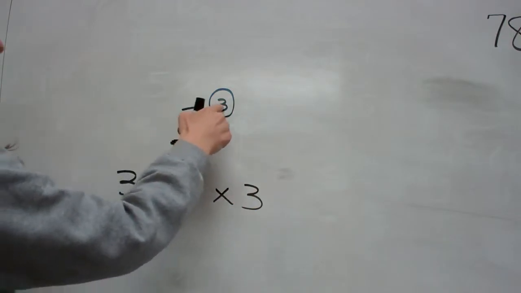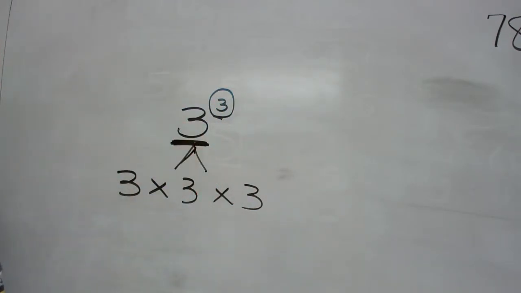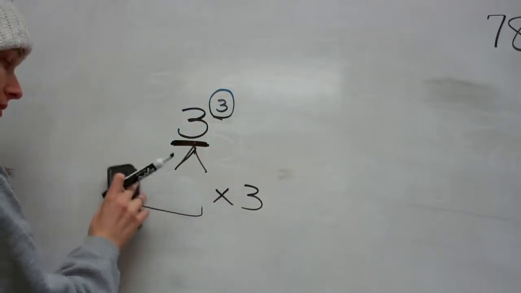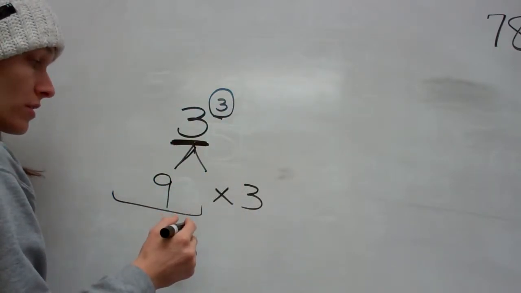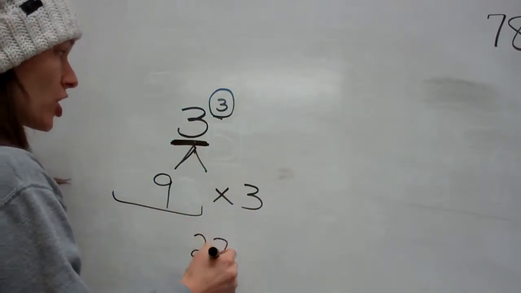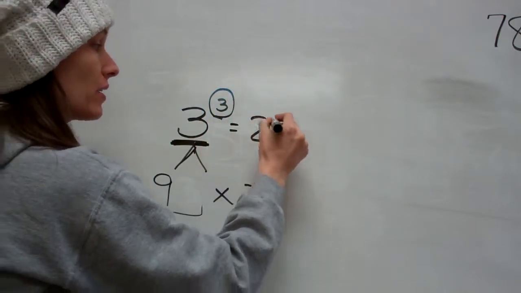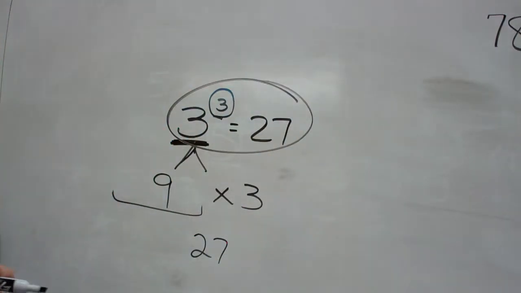So this means this. 3 times 3 is 9, and 9 times 3 is 27. So the answer to this would be 27. Isn't that crazy?